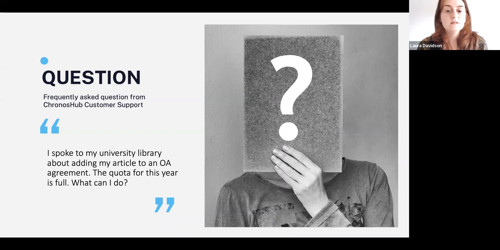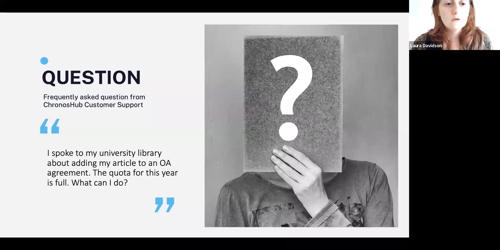Usually we'll receive invoices from researchers when they've been billed for an article processing charge. So it's unusual that we come across questions about open access agreements, but they do come up because, as Romy has just explained, there can be situations where the open access eligibility has been missed, maybe because somebody typed in the system and it didn't pick up the affiliation or anything like that. So we do get some of these questions.